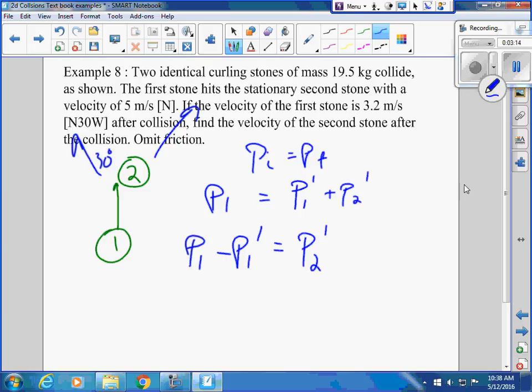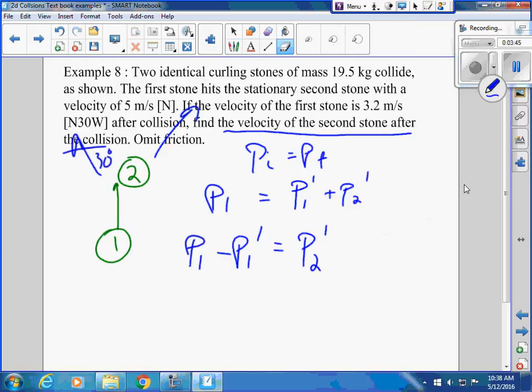Because we are solving for the velocity of the second stone, so P2 after the collision, which is P2 prime. If I know the momentum of the second stone, I can get the velocity. Again, Nate, you're not listening. P equals mv, right? If I know the momentum of rock 2 and I know the mass of rock 2, I can find the velocity of rock 2.